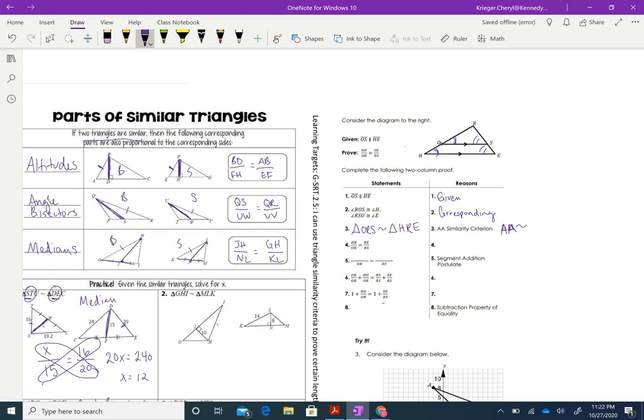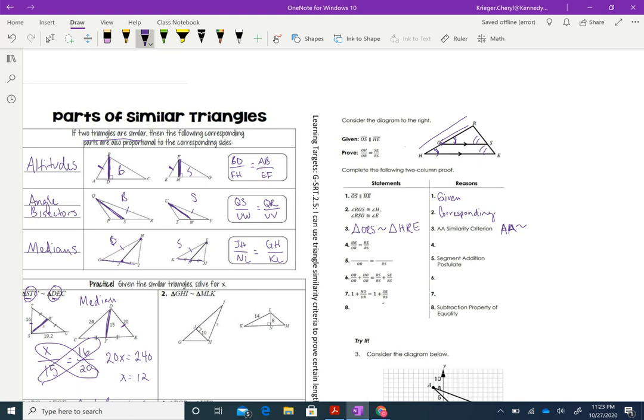So I actually went on Algebra Nation and looked up this one because I wasn't sure. If we're saying that the parts are congruent, right? So the side of the larger triangle is, sorry, I didn't mean to say congruent. The side of the larger triangle is similar to the side of the smaller triangle.